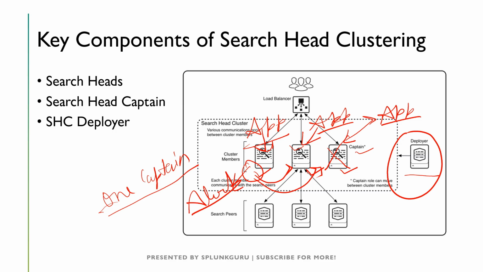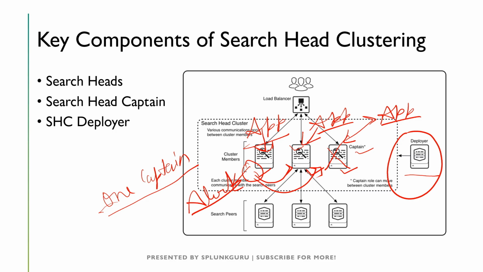Whatever app, add-on, or custom config you need to push, you do it using the deployer. You need to configure one instance as the deployer, and just make sure the deployer is not among the cluster members. These are important points. Suppose you have 3 members in your search head clustering; your deployer can't share the role with those members.